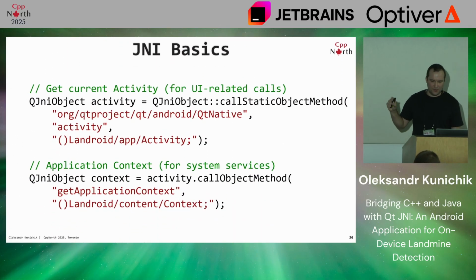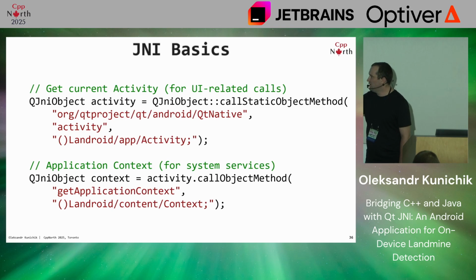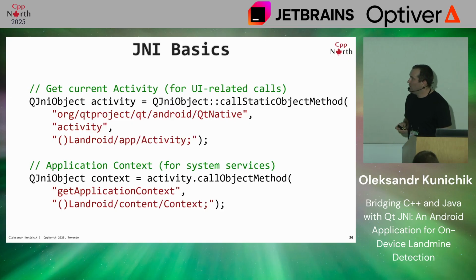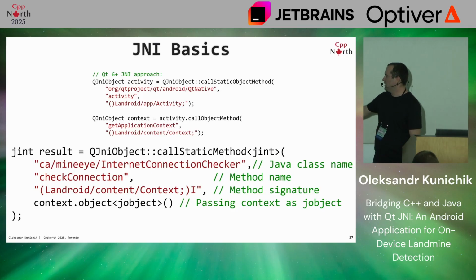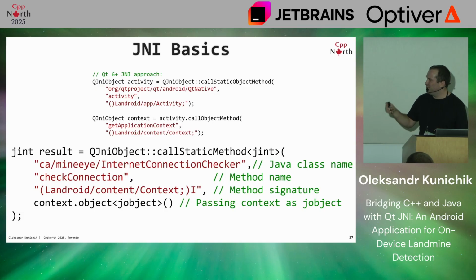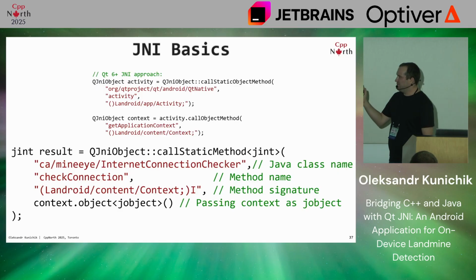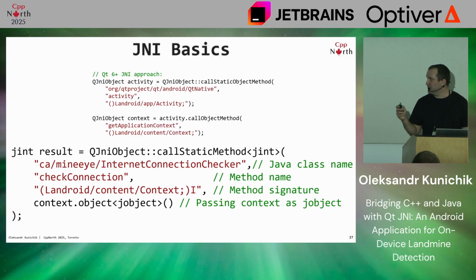All right, so let's return to previous calls. So we got activity, we got context, we send it later, and we actually can finally call our function. Again, here they repeat what each line means, but we can call the internet connection checker. It's needed to check what kind of connection we have, to decide whether we have to save data or not.